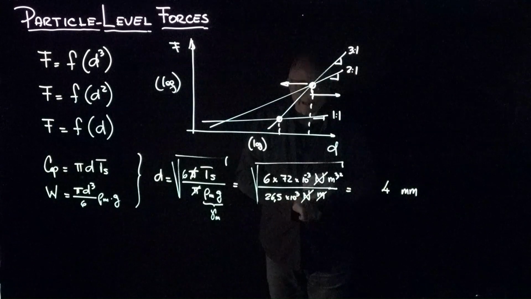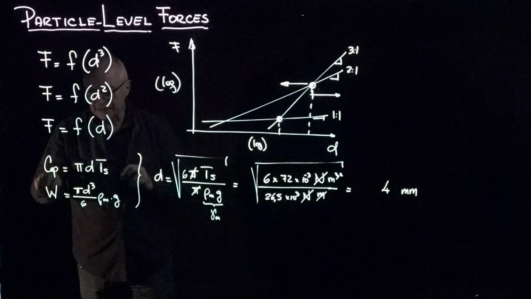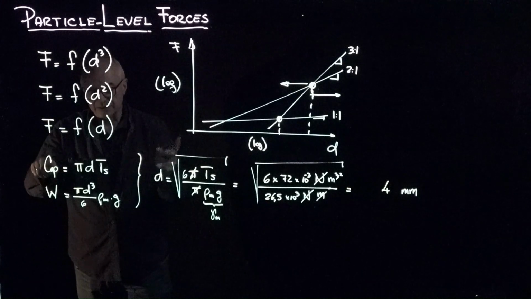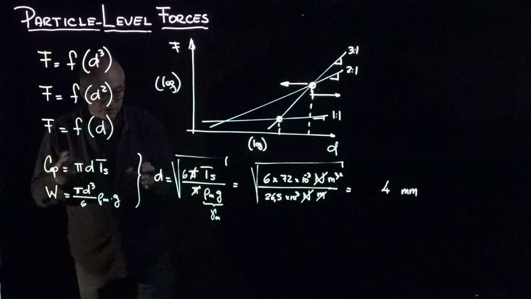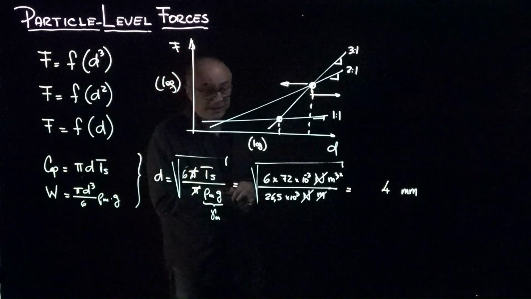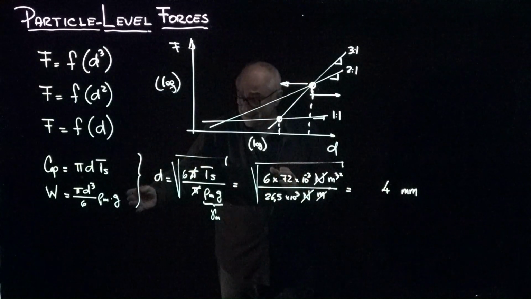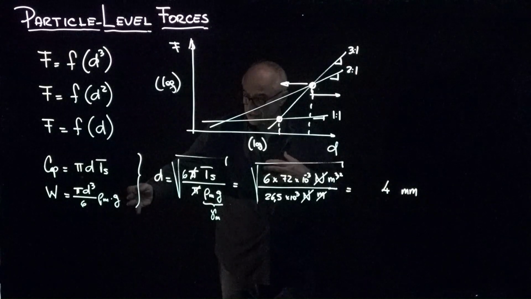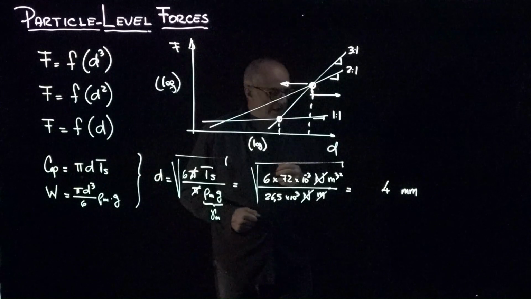And this is an upper estimate because we are assuming that the capillary force is acting all around the perimeter with 0 contact angle. And in fact, there could be smaller corrections. But this is giving us an idea of the transition between gravity and self-weight control behavior to capillarity control behavior.